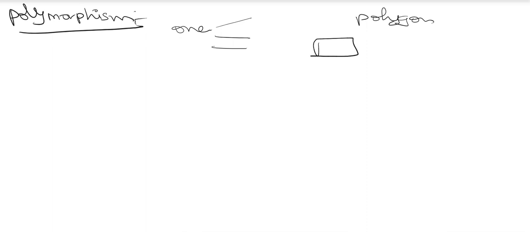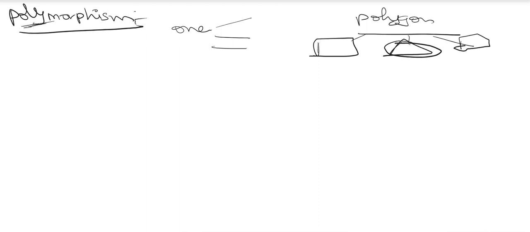We can consider this as a polygon, this as a polygon, and this as a polygon, because it is closed even though it contains different sides. It contains 4 sides, 3 sides, so different sides, but these are all closed. So this polygon can be represented as these 3 types. So one item can be represented as many. This is nothing but polymorphism.